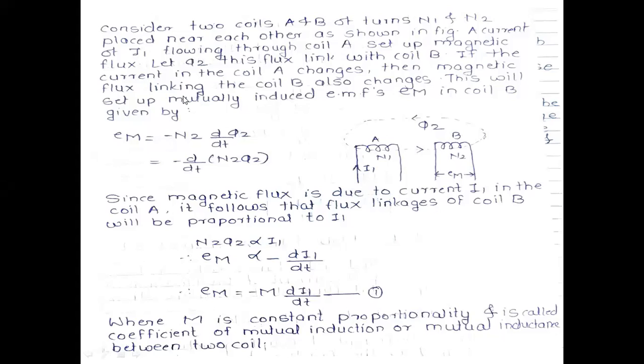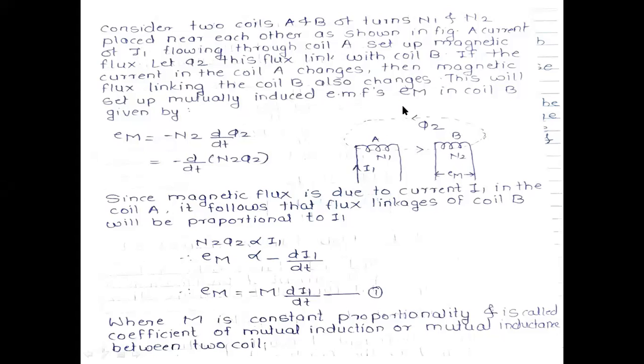Then the magnetic flux linking coil B also changes. Full stop.